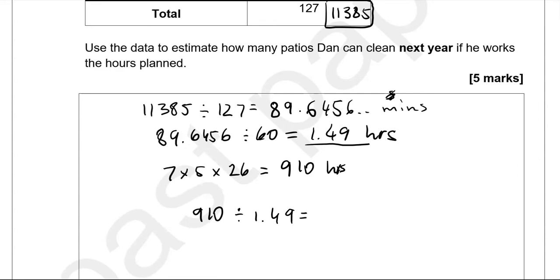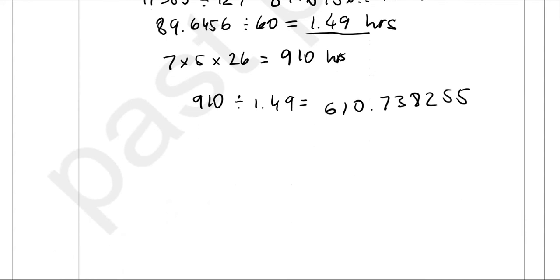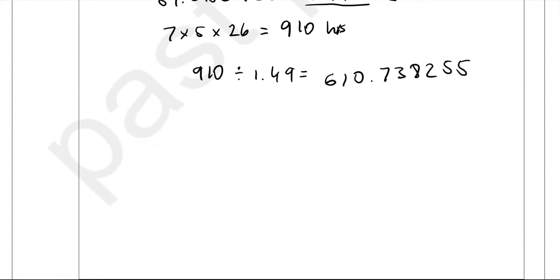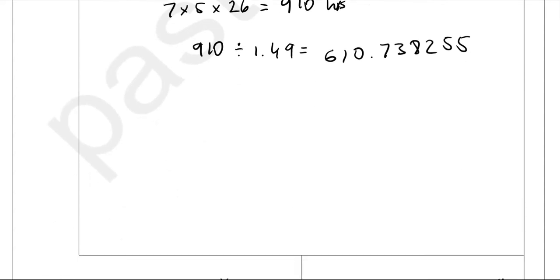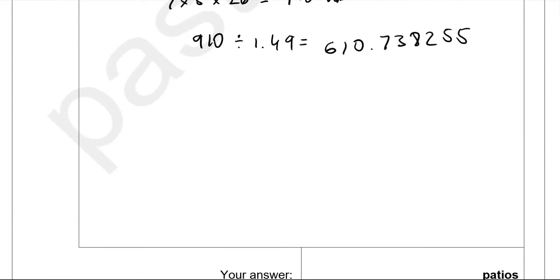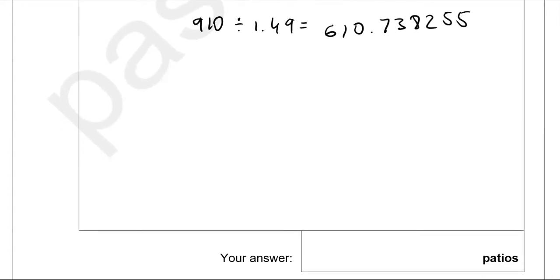So 910 divided by 1.49 gives us 610.738255. So we can round it up to 611 or go to 610 because he wouldn't finish the last job basically. So 610 patios, I'm going to say.